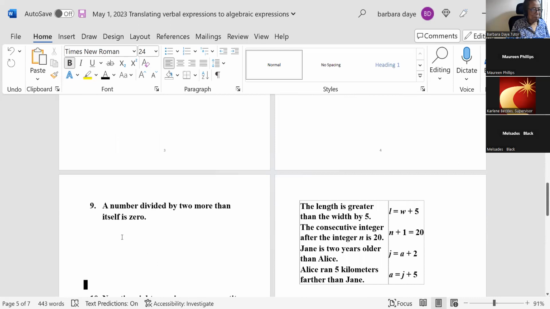A number divided by two more than itself is zero. So that is a number, which we say is C, right? The number is divided by two more than itself is zero.